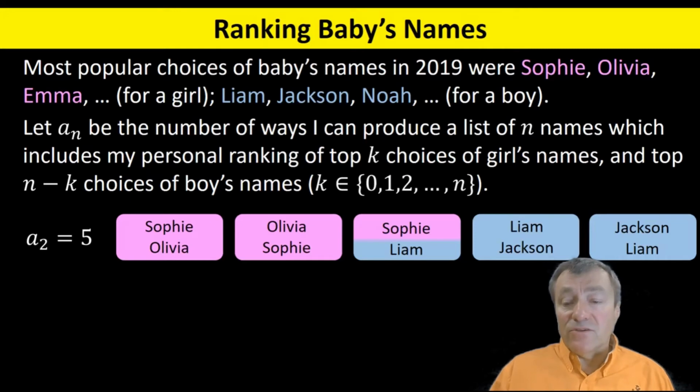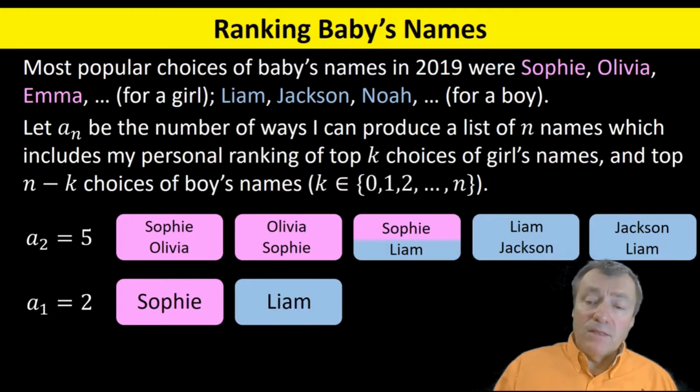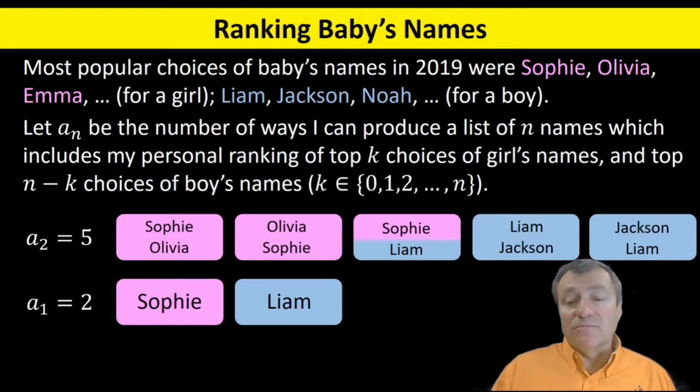Now let me work out also the answer for a few other values of n. I like to start for the first example with something small like 2, and then that way it's big enough to see what's happening, but not too large to get really complicated. But now let me work backwards to n equals 1. Then my list would only have one name. So choosing the top names from last year's poll, my list looks like either one name Sophie or one name Liam.